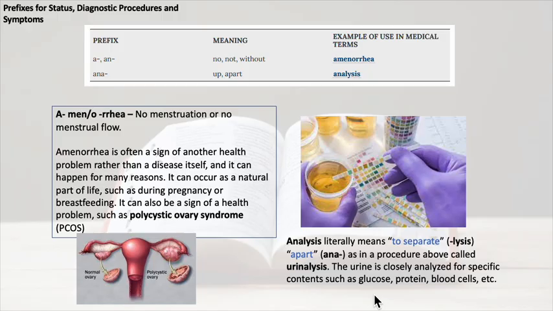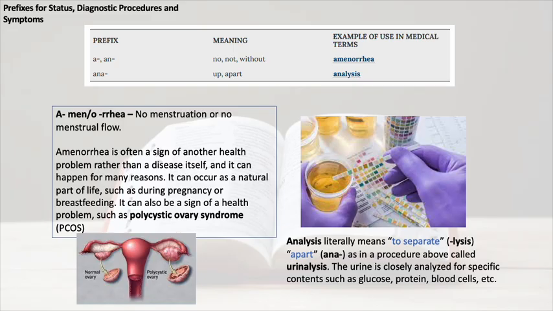So analysis is a procedure, or analyzing something is to separate apart, or to kind of investigate, break down. So literally to break apart in order to study. In medical and scientific contexts, analysis can involve examining samples, data, or substances to understand their components or their function.